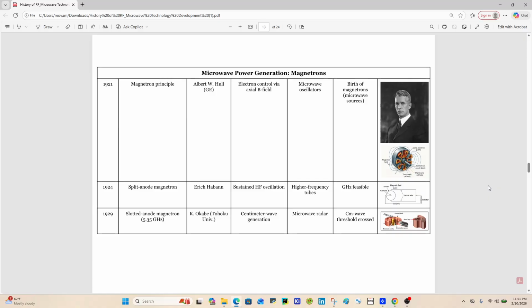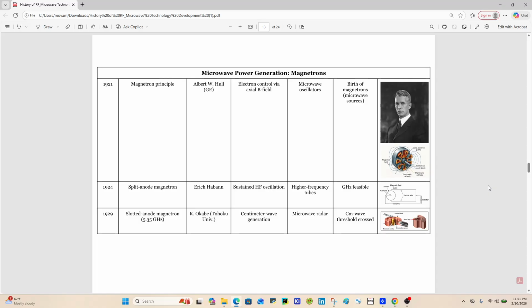These crossed field tubes helped control electrons by fields and not electrodes. This also was the beginnings of geometry dependent frequency behavior, which we'll see more of.